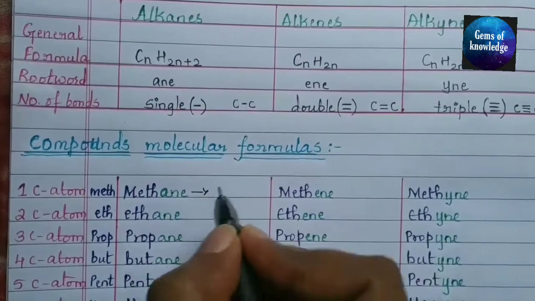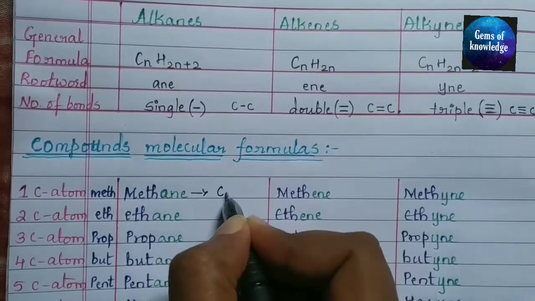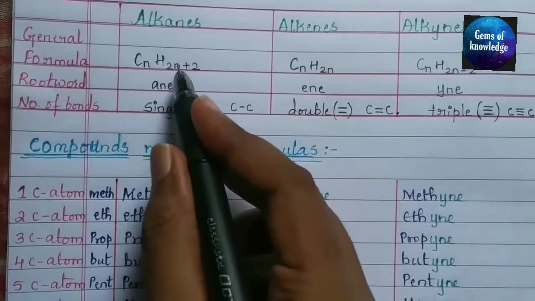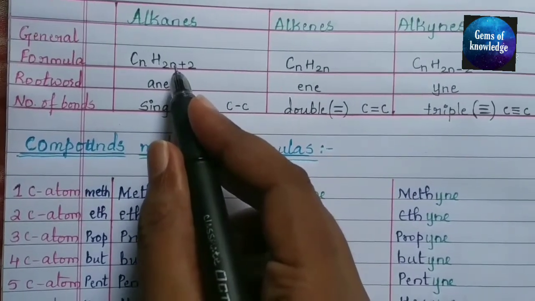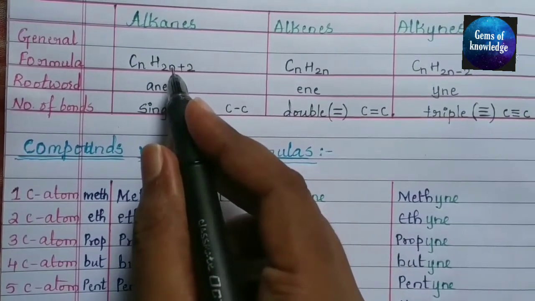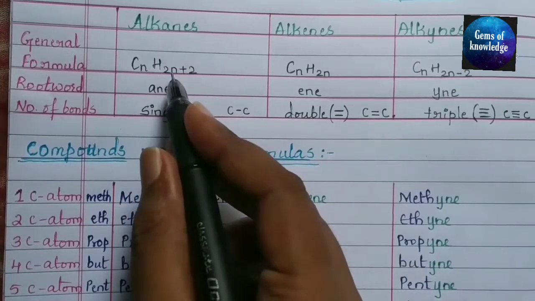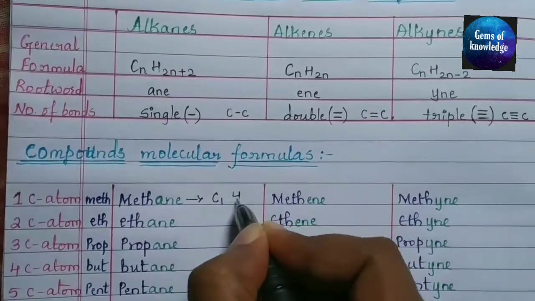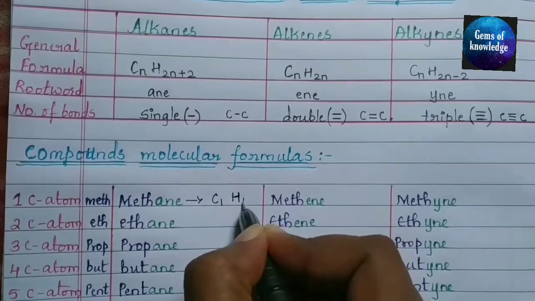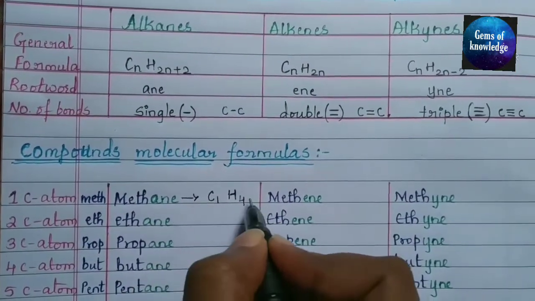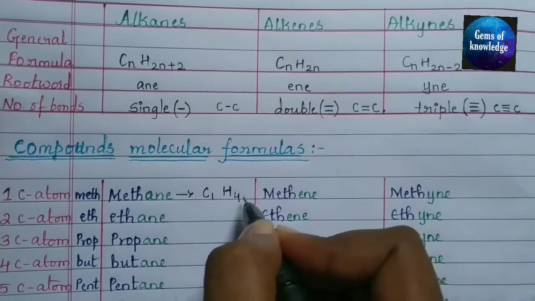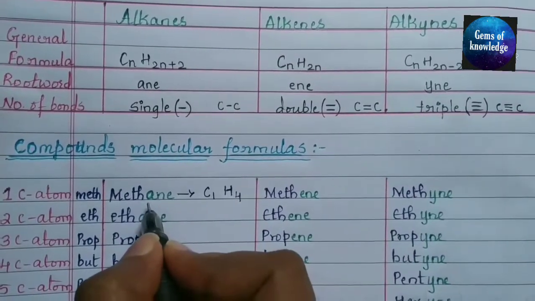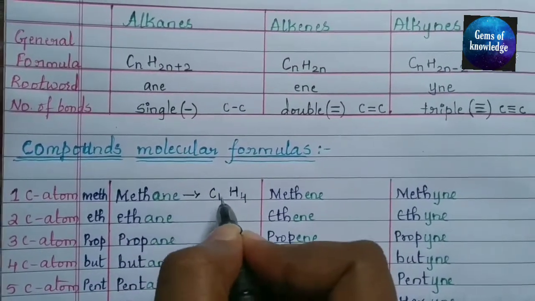For alkanes it will become C1H2 into 1 plus 2. In place of n we substitute 1, so 2 into 1 is 2, plus 2 will become 4. H will become 4. So CH4 is the molecular formula for methane.